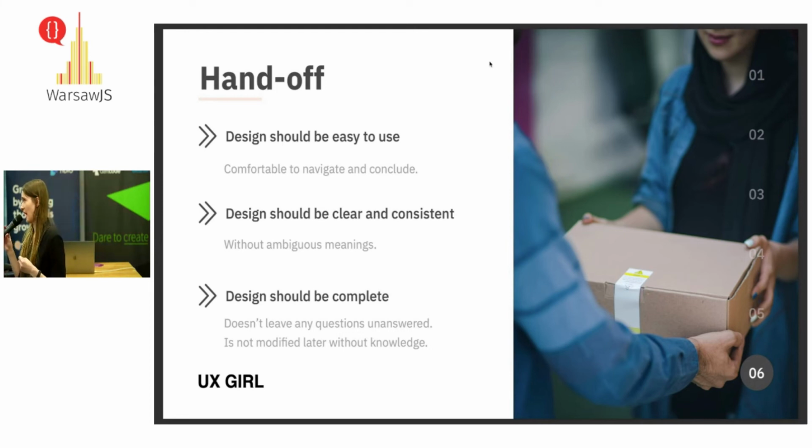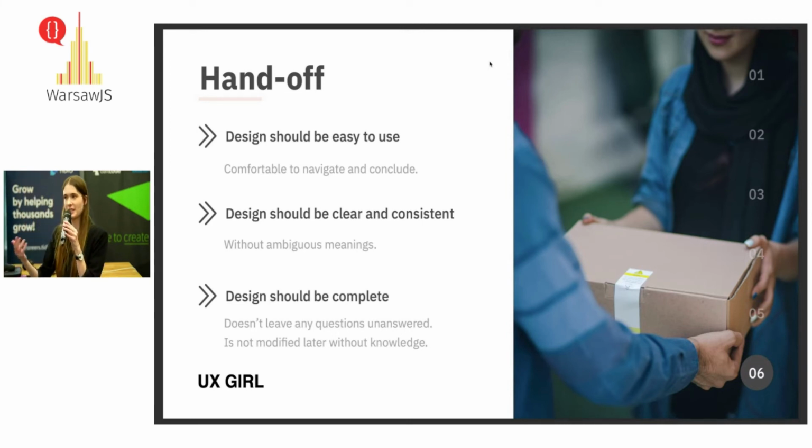And I think there are a couple of things that you should remember when accepting the designs or creating the designs. The first one is that the design should be easy to use. And what does this exactly mean? Of course, when you're a designer, you can just send, in the past it was Photoshop files, then it was more like PDF files, PNG files.